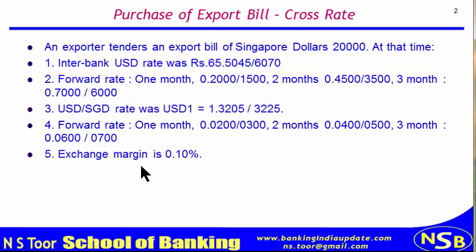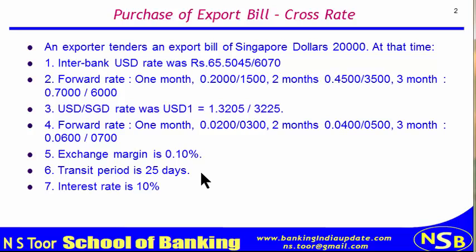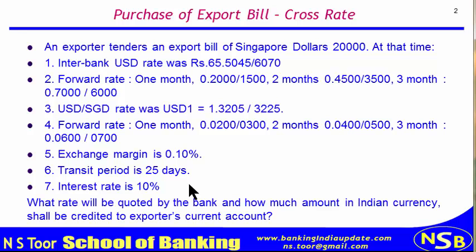The exchange margin to be retained by the bank is 0.10%. The transit period is 25 days and interest rate is 10%. Based on this information, we have to calculate what rate will be quoted by the bank and how much amount in Indian currency shall be credited to exporter's current account.